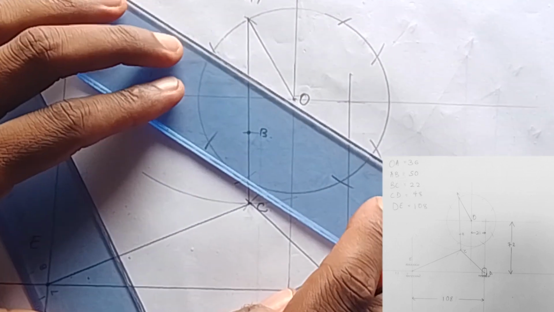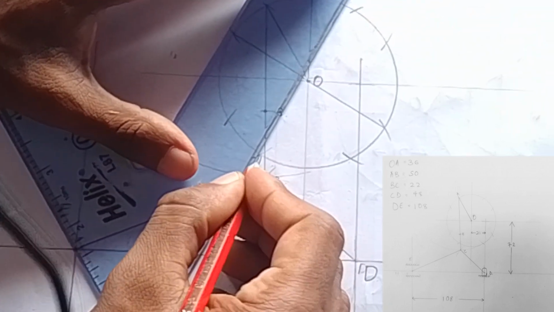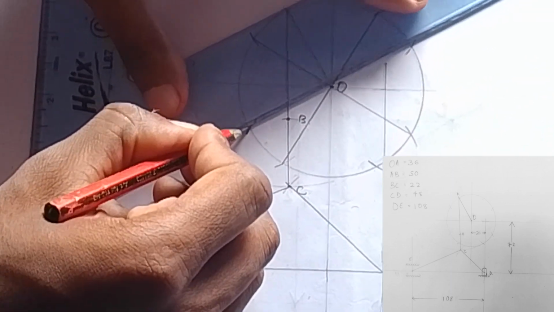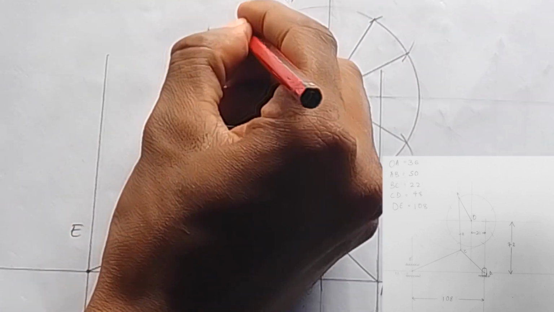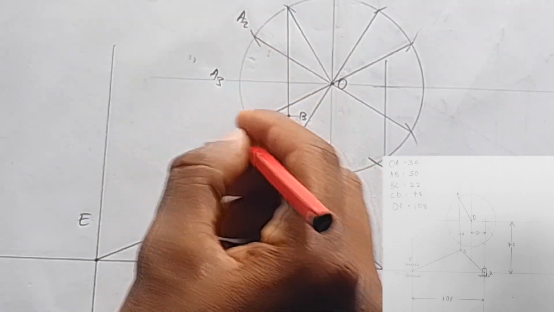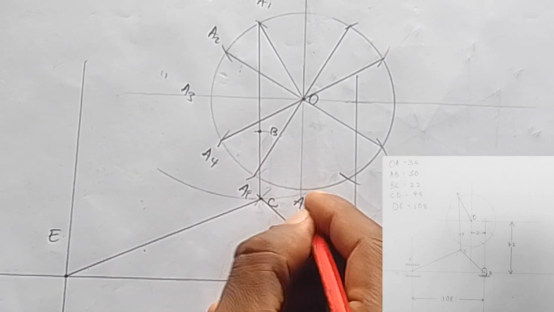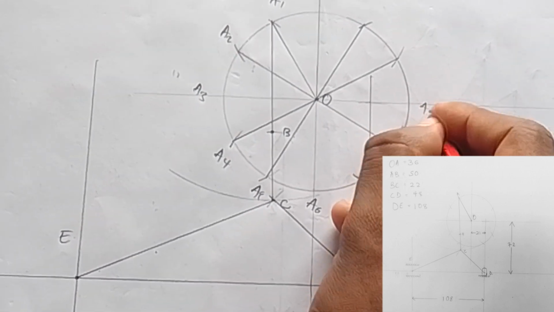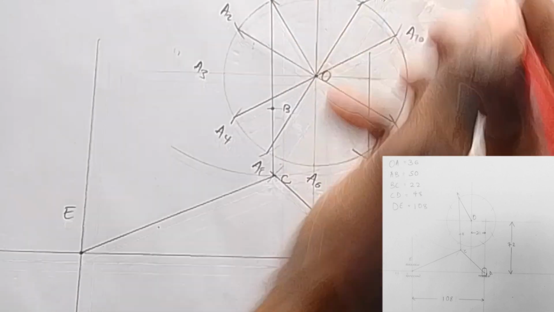So first join all these parts together, like that. So there we have A1, let this be our A2, A3, A4, A5, A6, A7, A8, A9, A10, A11, A12.